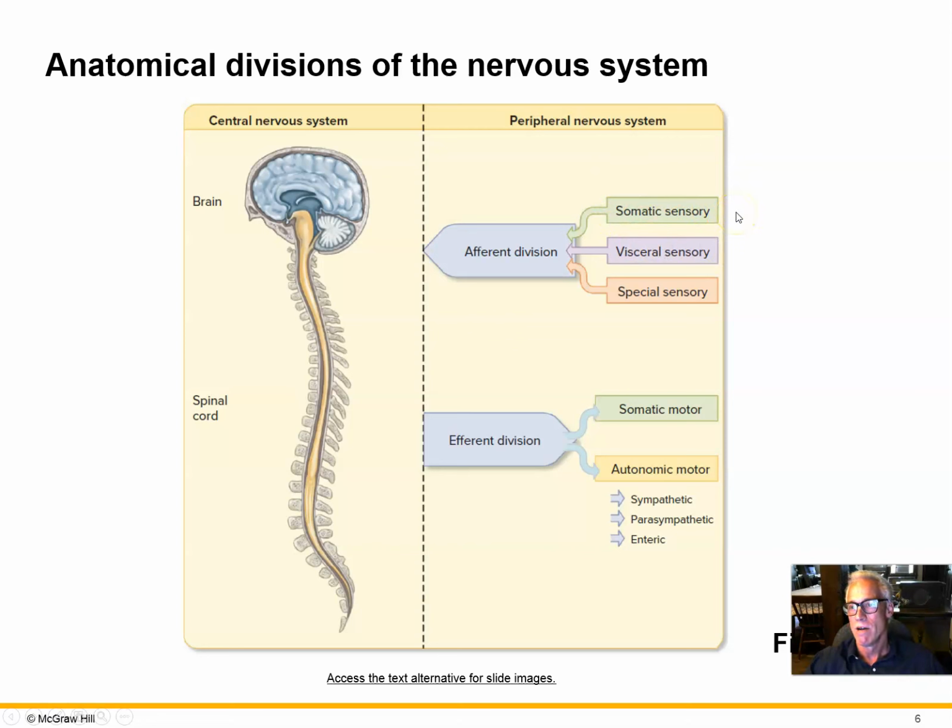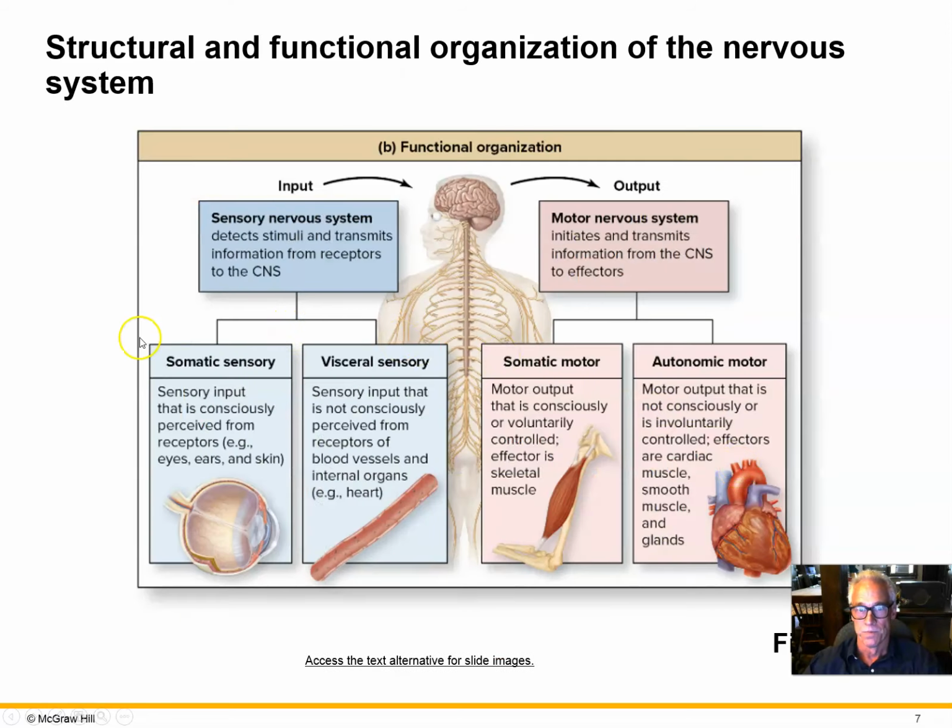Somatic means voluntary or conscious sensory divisions versus visceral means involuntary or things that we're unaware of. And motor divisions can be broken down into somatic or voluntary outputs or commands versus autonomic or involuntary or things we're unaware of taking place in the body, but yet motor neurons are controlling effector organs.